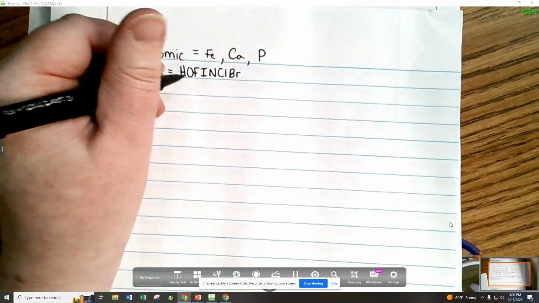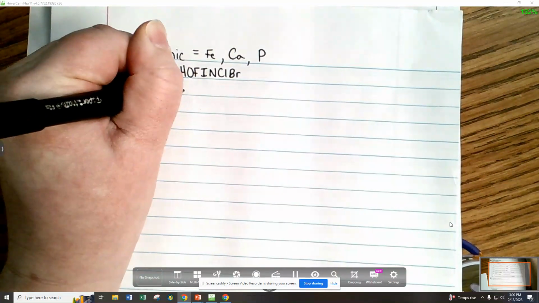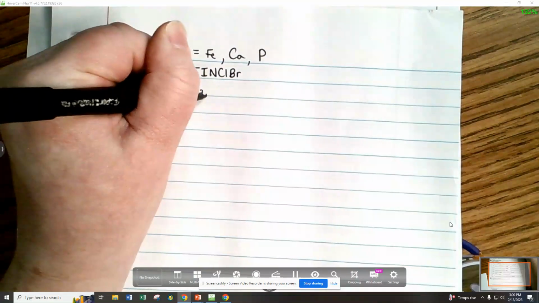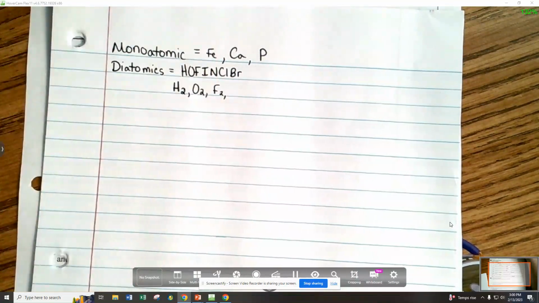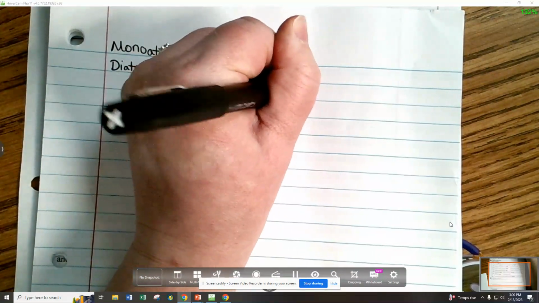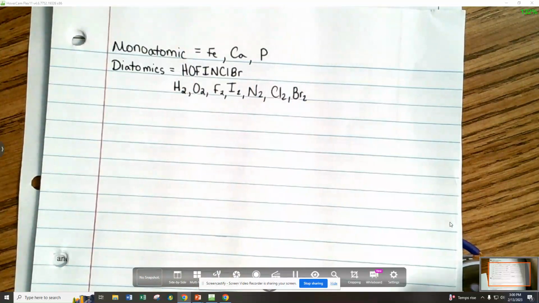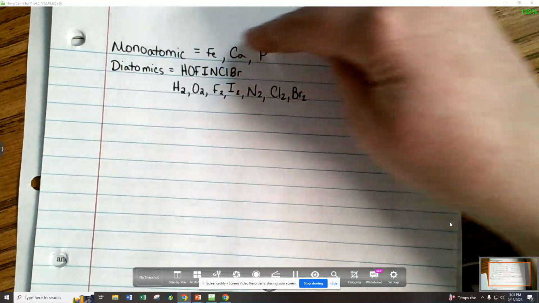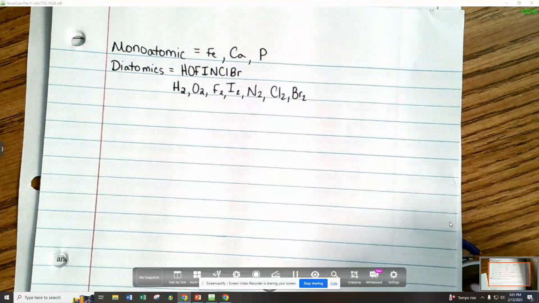So these 7 include hydrogen. When we write hydrogen, we write H2, oxygen O2, fluorine F2, iodine I2, nitrogen N2, Cl2, and Br2. These are the 7 elements that do not exist on their own in nature, but rather in the diatomic state. If it's not one of these 7, we write just the symbol. Like I said, that's going to be important for these examples.